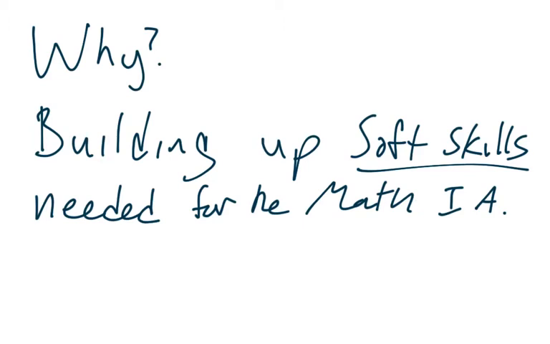How to collect data, how to put it into Desmos, these kinds of things. So again, this is a diagnostic to see what kind of soft skills you have and also to see what kind of soft skills we really need to work on for both you and for me to be able to put together a good math internal assessment.